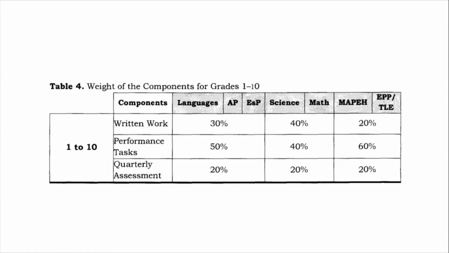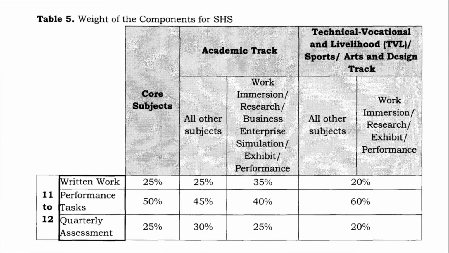So that's 60%, and then language, AP, and ESP at 50%, and science and math at 40%. For the written works, science and mathematics have a higher percentage of 40% as compared to the languages, AP, ESP, MAPEH, and TLE. For the senior high schools, it's different.